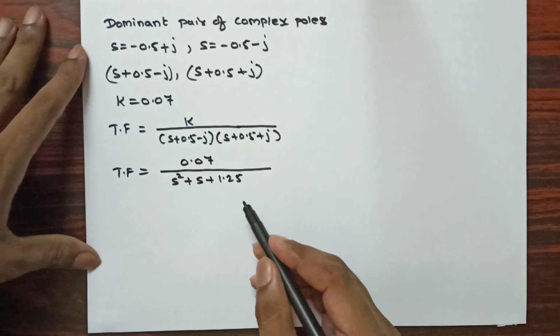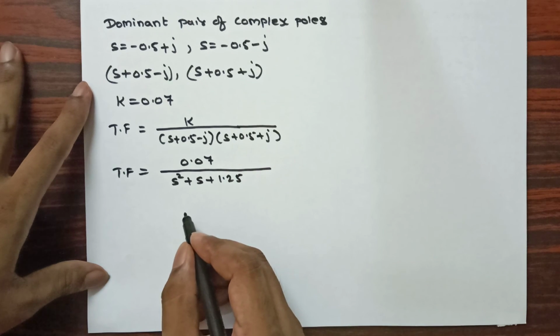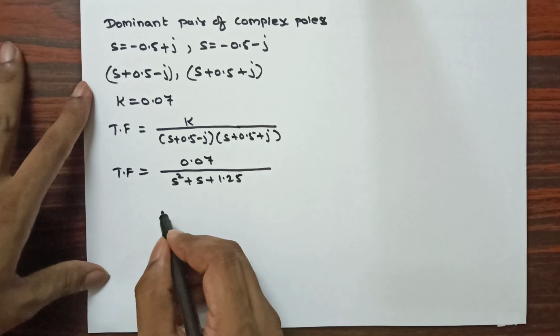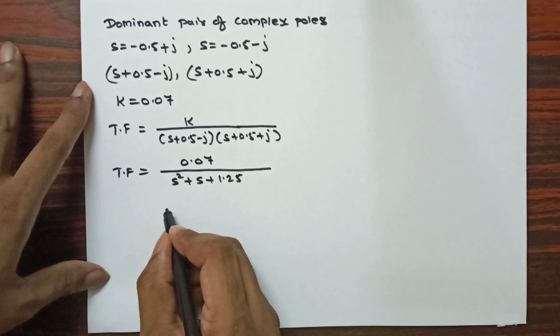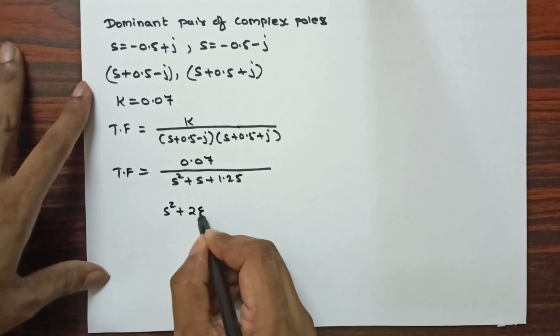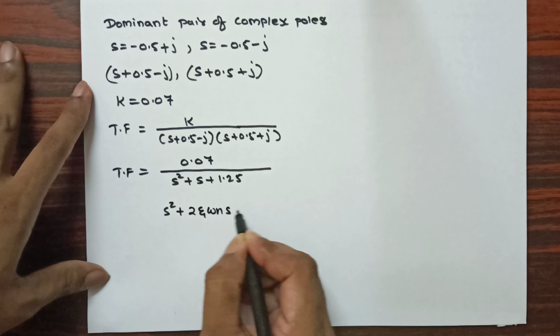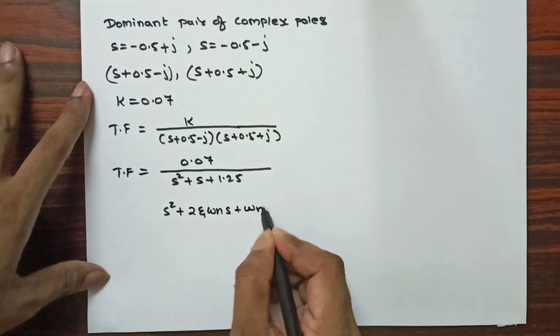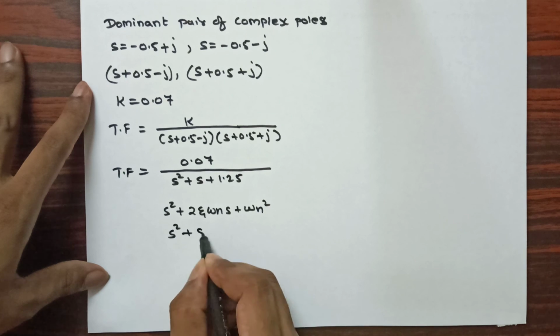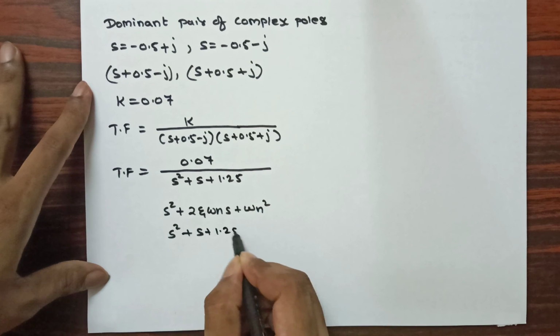In the problem, if it is asked to find the natural frequency, then we compare the denominator characteristic equation with the standard characteristic equation, that is s² + 2ζωn s + ωn². The characteristic equation I got is s² + s + 1.25.